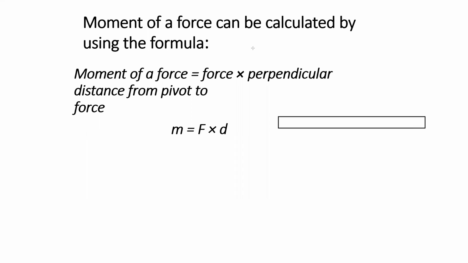In the previous example, as you can see, I mentioned one of the forces, Fa, was acting downward. Like if I say on the object, one of the forces is downward, 5 Newton, and the other force was acting upward.